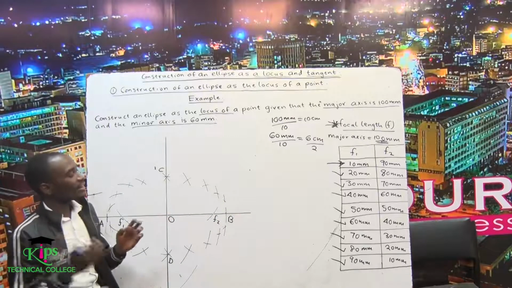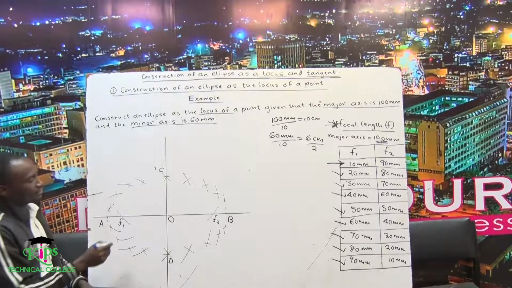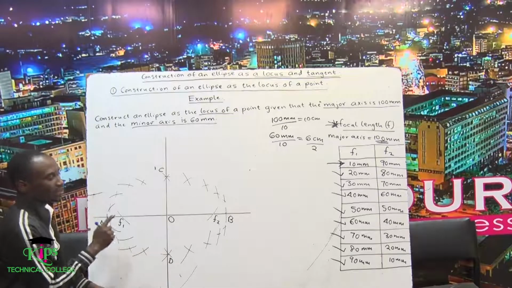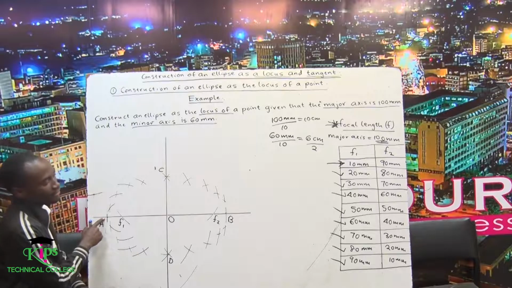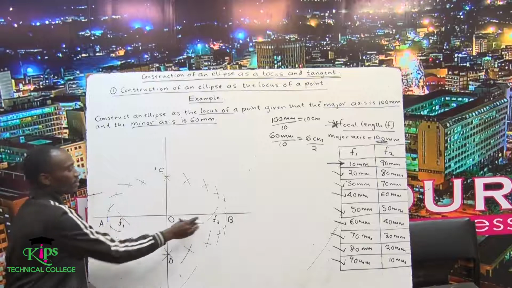So now, whatever is remaining is to draw a very fair curve. So starting at point A, now when you are drawing the fair curve, you should start at these points. You should not step at this focal length.